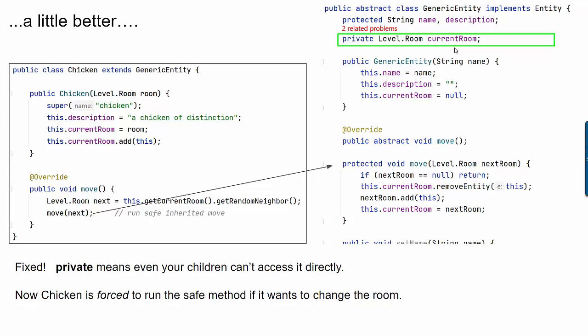It's literally not possible for any of the child classes to change current room in a way that would cause the world data to become inconsistent. You can see it says 2 related problems. The 2 related problems are here in the constructor, because after I made it private, now I can't say this.currentRoom anymore.